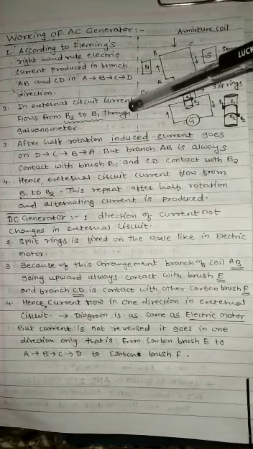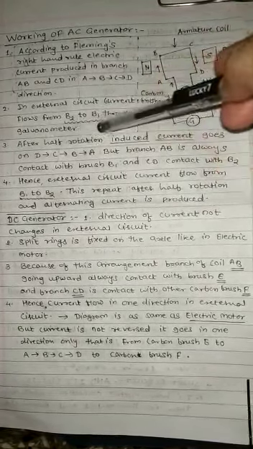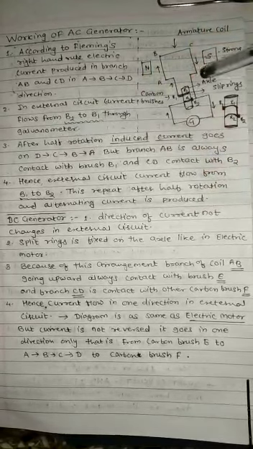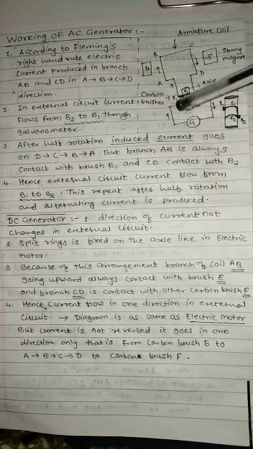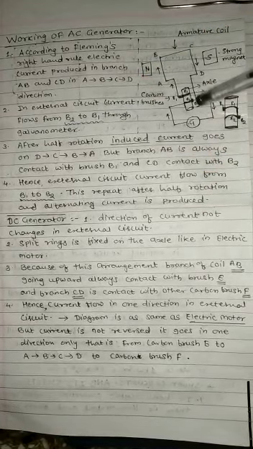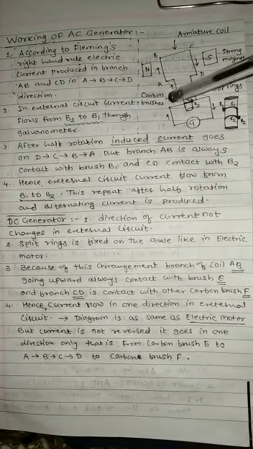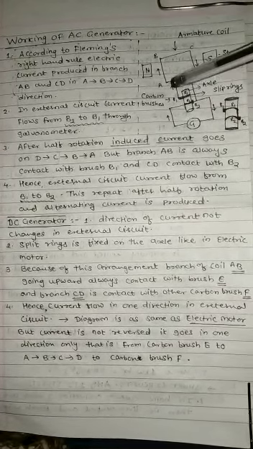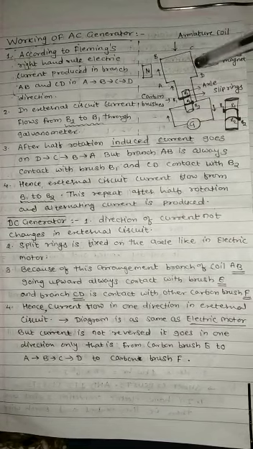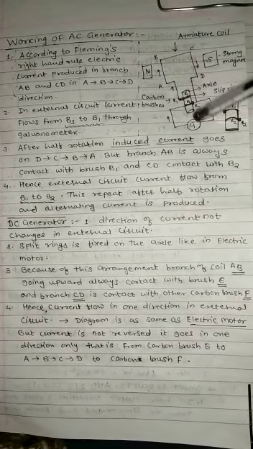Then in the external circuit, current flows from B2 to B1 through the galvanometer. See, this is your external circuit. Through the external circuit the current flows from B2 to B1, like this.